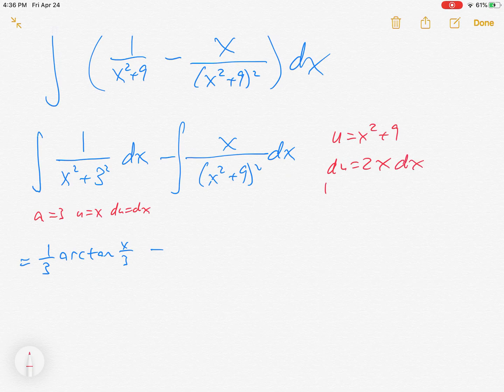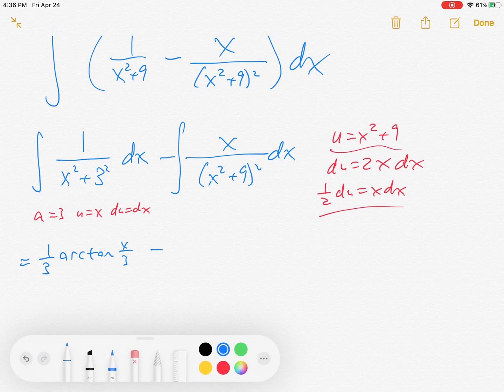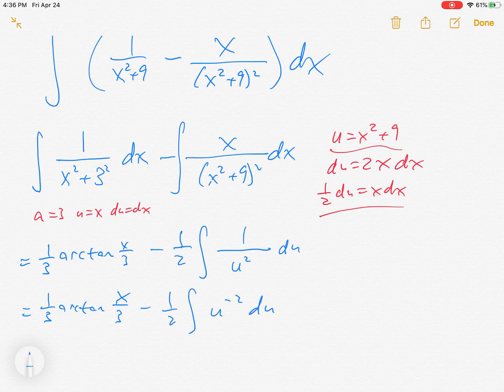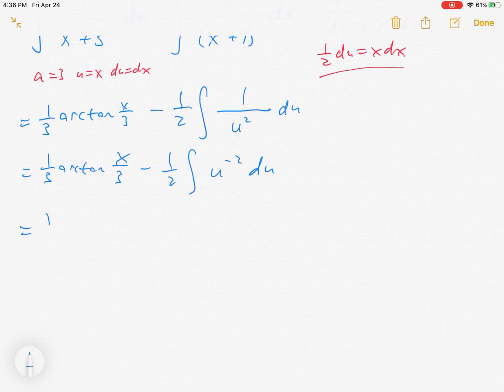What about this other part? We can't do arc trig or anything, but this is just a good old-fashioned u substitution where u is x squared plus 9, therefore du is 1 degree less. Of course, there's a square down there, but we can handle that. So let's just move that 1/2 out front. This is just going to be u squared, and that's the same thing as, let's rewrite this.